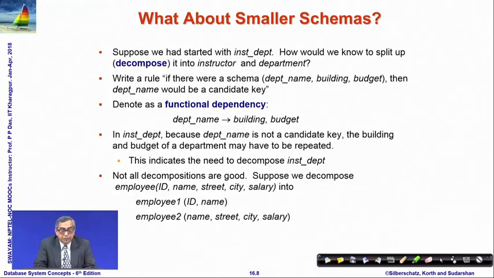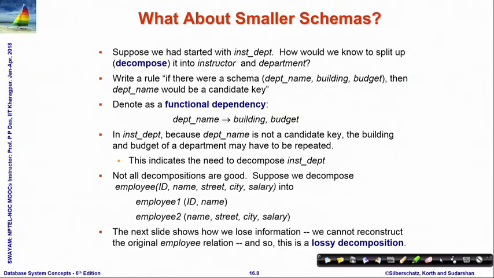We want to make it smaller and make two relations: ID and name, and name, city, street, salary. If we do that, then how do we get the salary for a particular ID? We will naturally have to join these two relations in terms of the common attribute name.